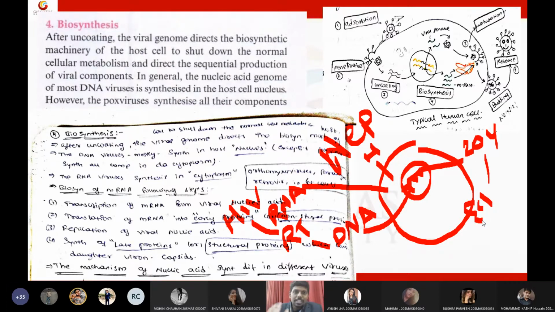During this eclipse phase, we can't detect the virus inside the cell because the viral DNA is hidden inside the cellular nucleus, so we can't detect the viral presence. Such patients are called silent carriers, and they will be super spreaders.